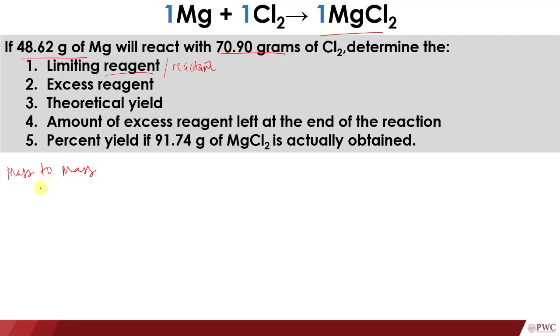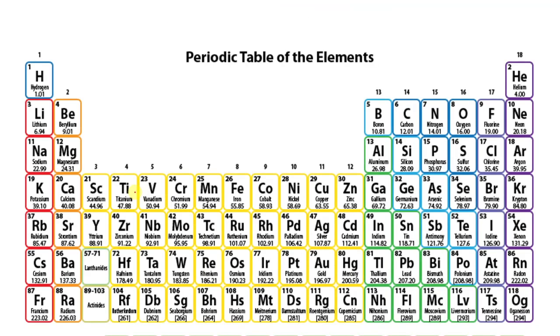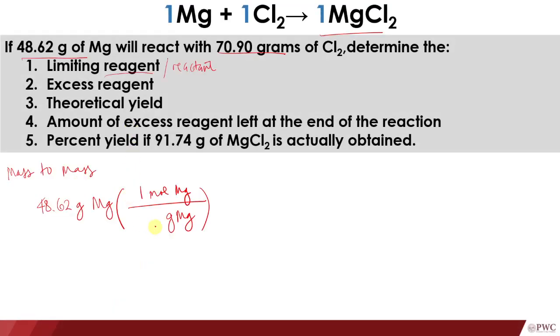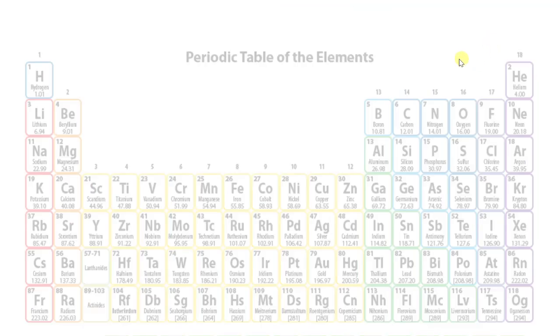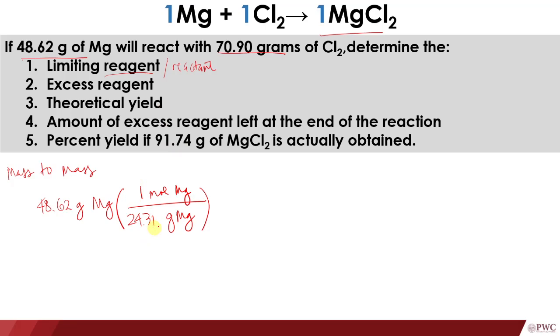So here, let's start with 48.62 grams of Mg. First, let's convert this to the moles of Mg. 1 mole of Mg is 24.31 grams, so the molar mass of Mg is 24.31 grams.